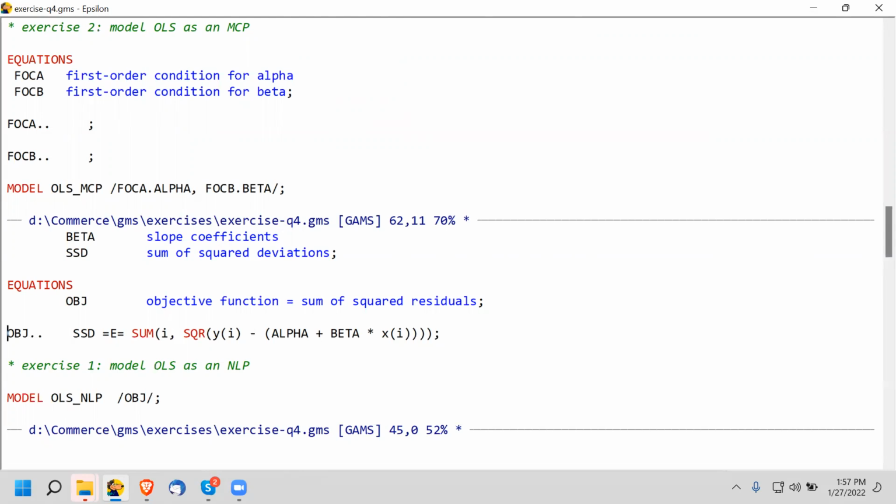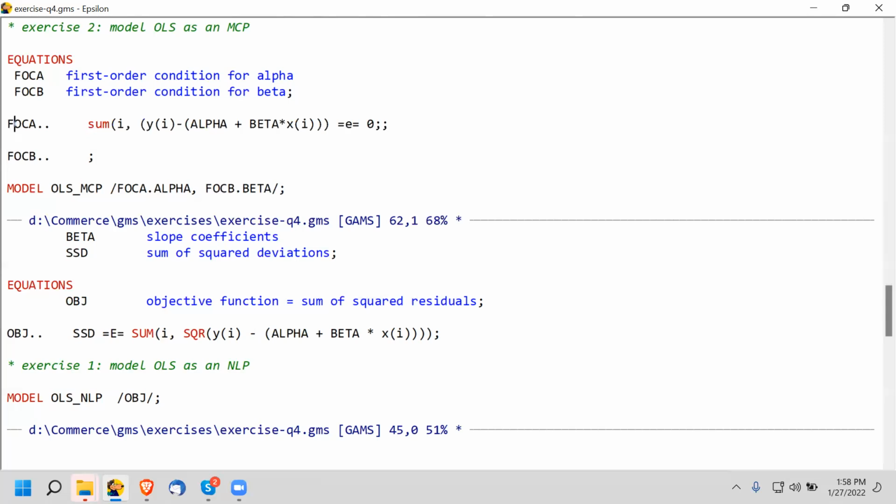So the sum over i of 2 times this guy is equal to zero.